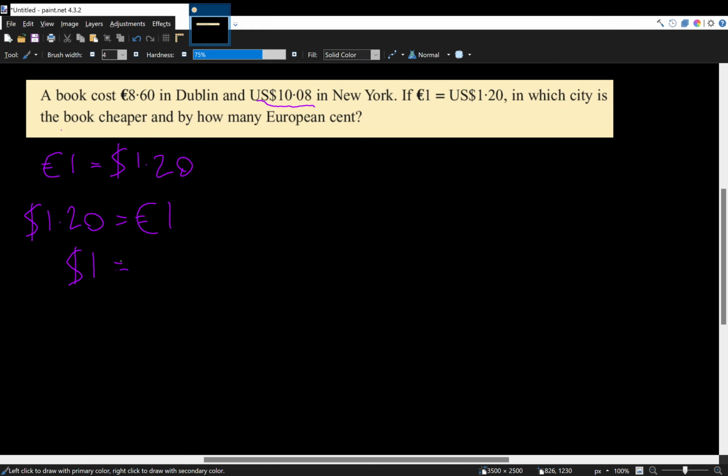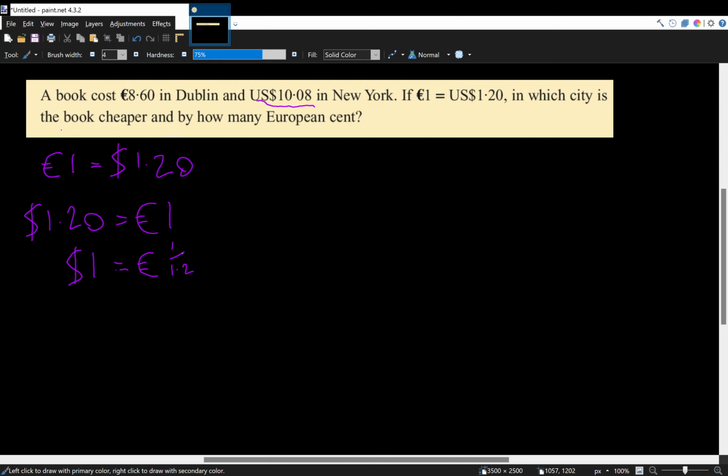But if we divide that by 1.2, we've got to divide the other side by 1.2 to make sure we've kept our equation balanced. So what we get in euro is 1 over 1.2. Now from our example we can see that $1 is equal to 1 over 1.2 euro.